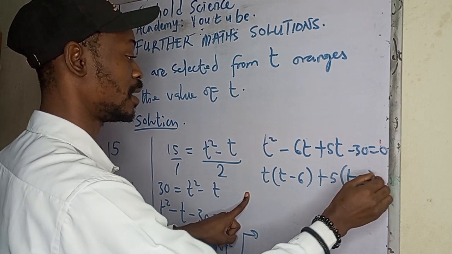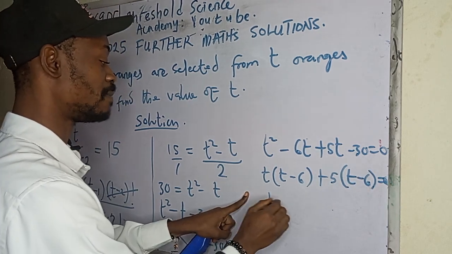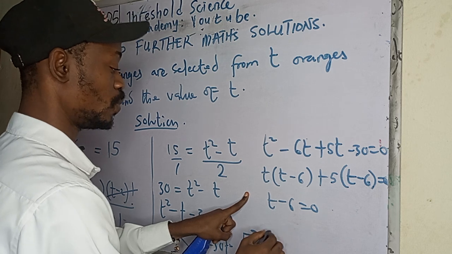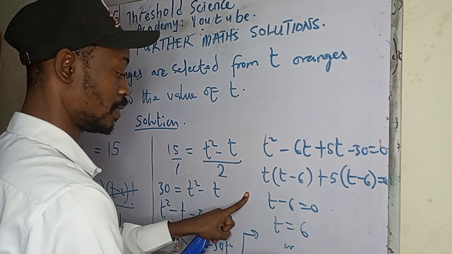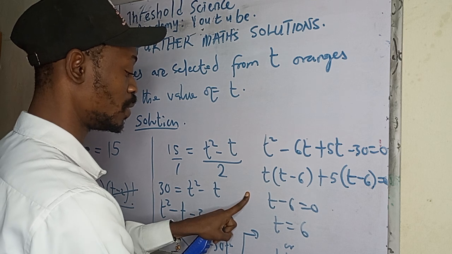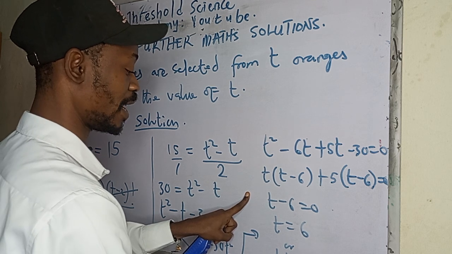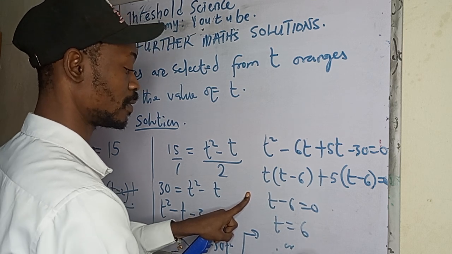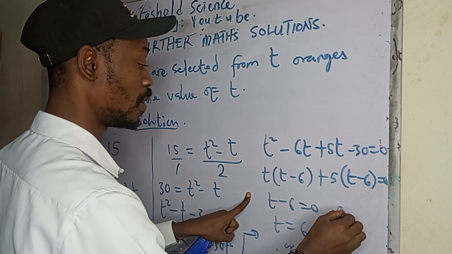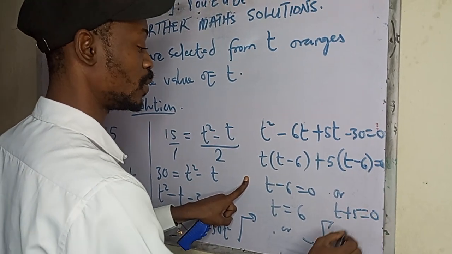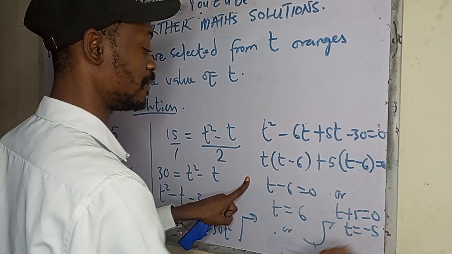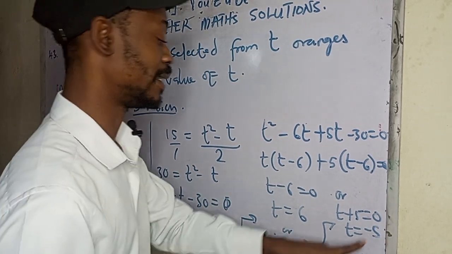T minus 6 equals 0. So we have T minus 6 equals 0, in which case T is going to be equal to 6. Or T plus 5 equals 0, in which case T is going to be equal to negative 5. So we have plus 6 and negative 5 as our answers.